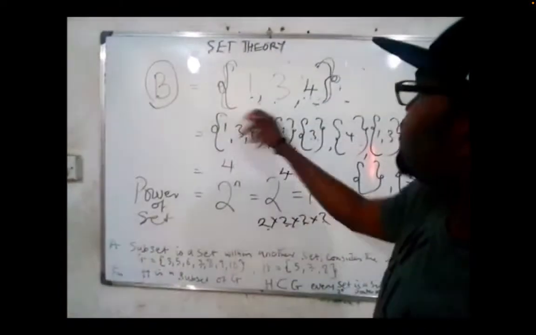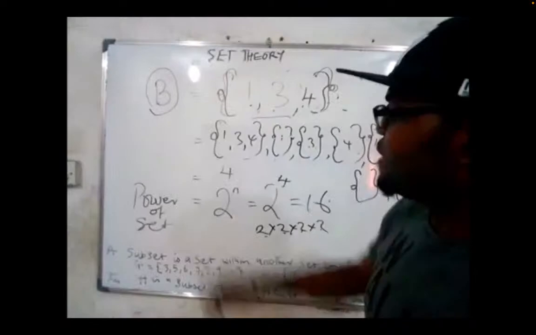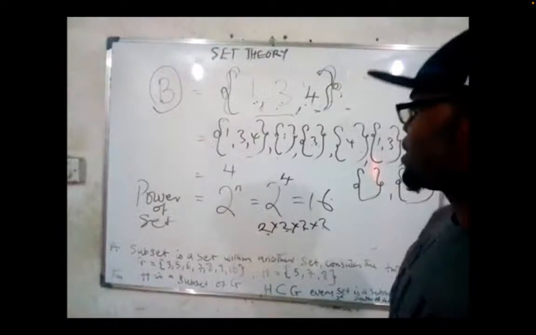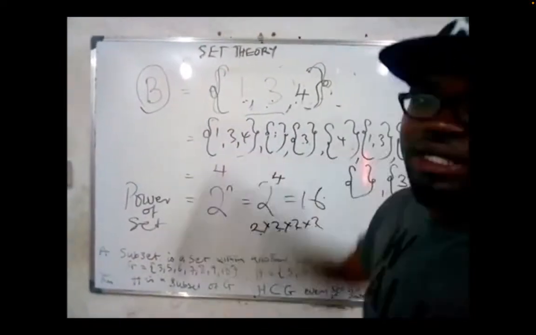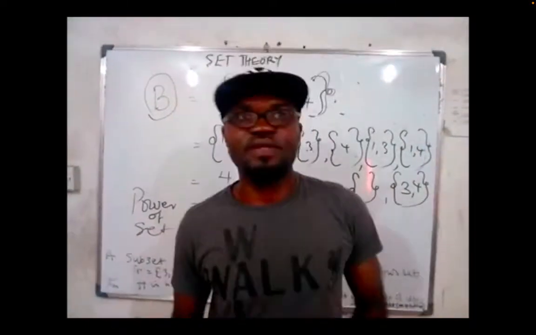So this is the superset and these are the subsets. The power of a set is simply gotten by saying 2 to power the number of elements of the set. And the power of a set is also telling us the number of subsets that a set will have.